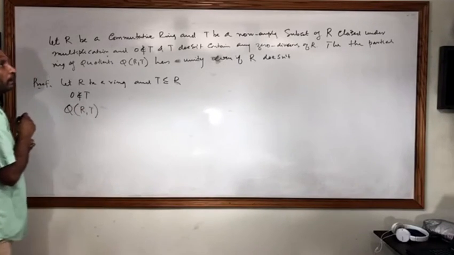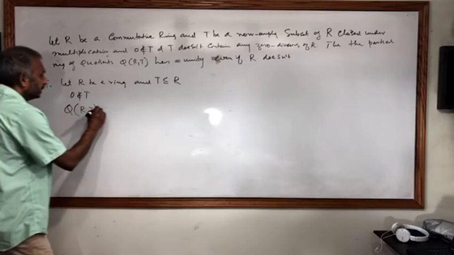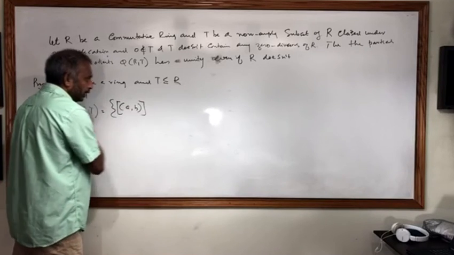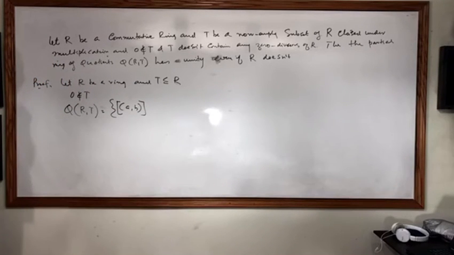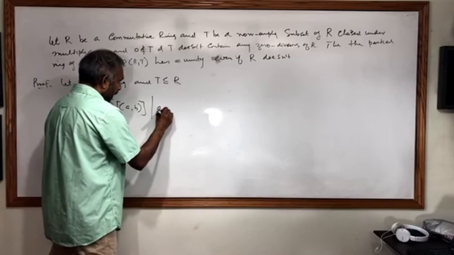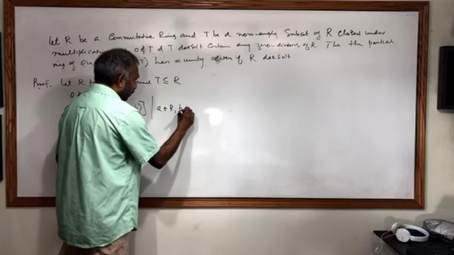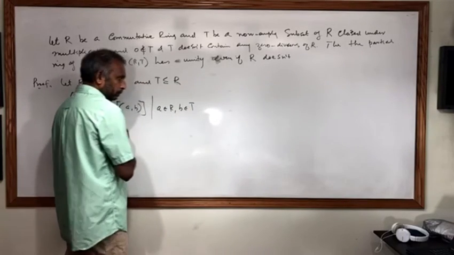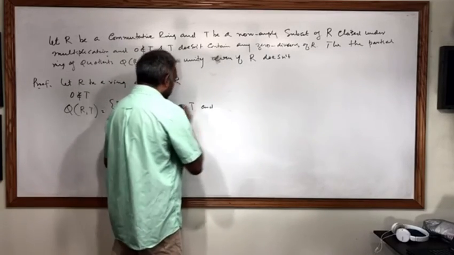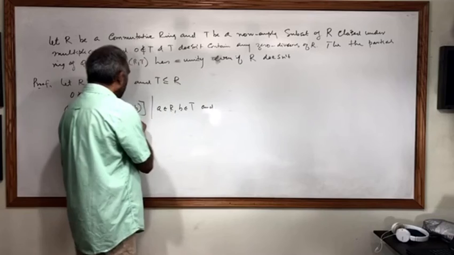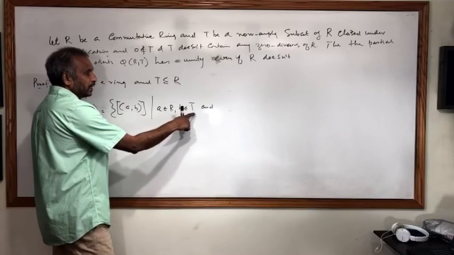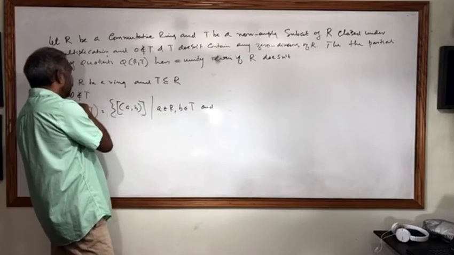It's a partial ring of coefficients, meaning this is equal to the classes containing (a, b) ordered pairs, such that a belongs to R, b belongs to T. B is different from 0, but we don't need to put that condition here because T does not contain 0.